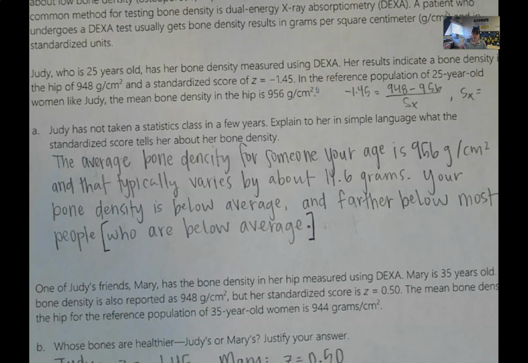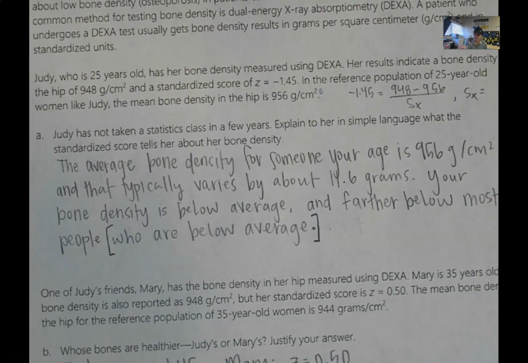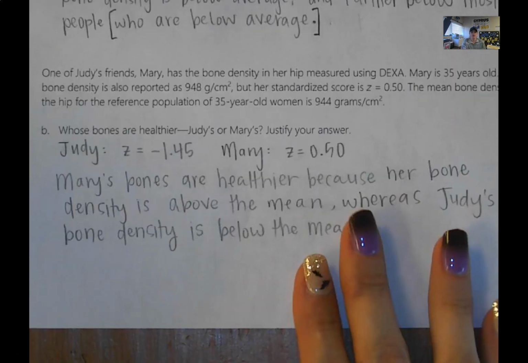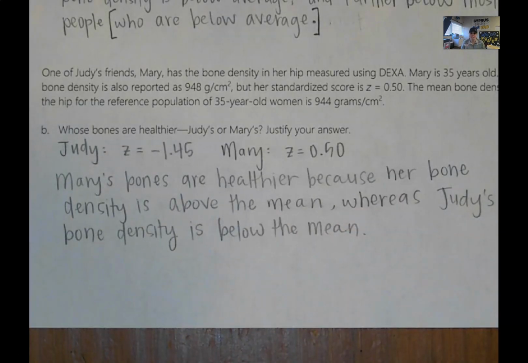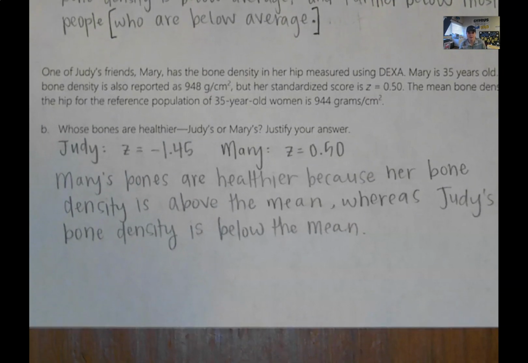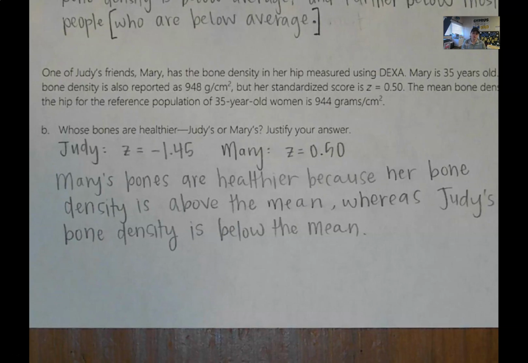Then it wants to know whose bone density is healthier, Judy's or Mary's, and they give you the z-score, so you just needed to compare them, but make sure you write it in a nice sentence. Mary's bones are healthier because her bone density is above the mean, whereas Judy's bone density is below the mean.